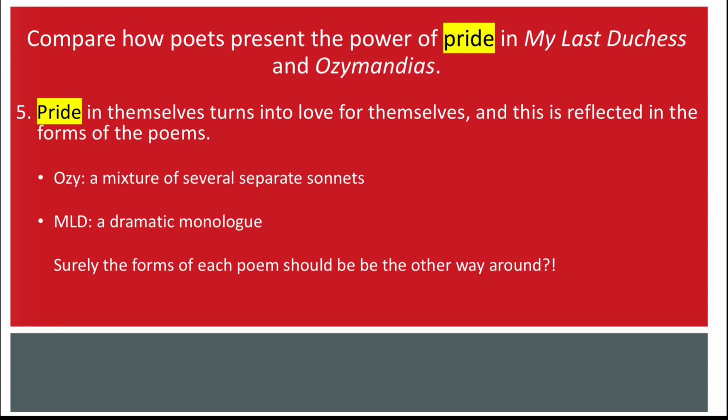And a really nice point about irony to finish off with is that we could say in our essays, surely the forms of each poem should be the other way around. Considering that Ozymandias is all about a very arrogant ruler, surely that should be the dramatic monologue. And My Last Duchess, okay, it's also about another arrogant ruler, but it is at least to do with love, if not a misplaced love.